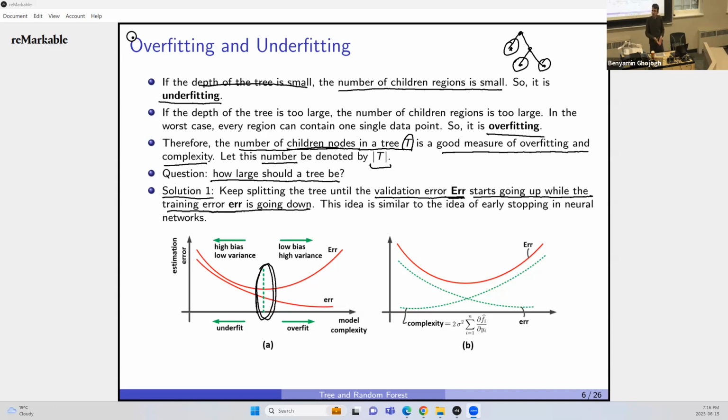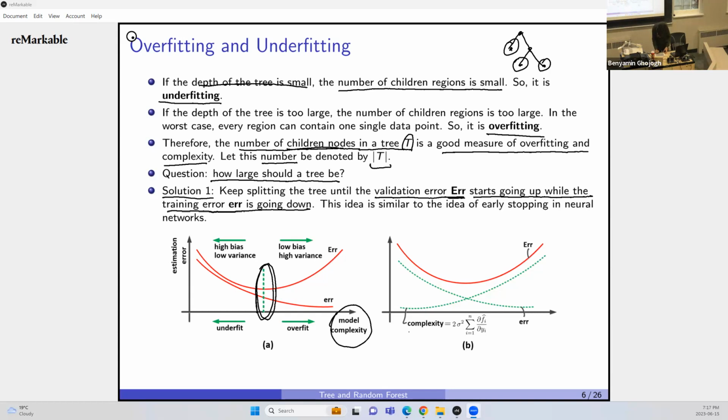This technique can be used in any iterative algorithm, because the model complexity axis in this plot can be seen as the iteration index, because the more we train, the more complex the model becomes. Therefore, for every iterative algorithm, such as deep learning, such as trees, we can keep track of validation error and training error and know where to stop. So that's one thing.